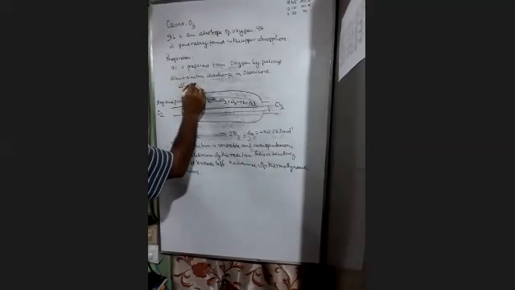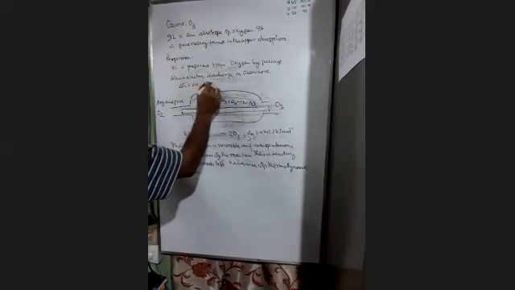So what are the conditions of spontaneity? We know that delta G should be delta H minus T into delta S. If the delta G value is negative, then it is spontaneous. But we have already found it is positive. So the reverse will always be negative.